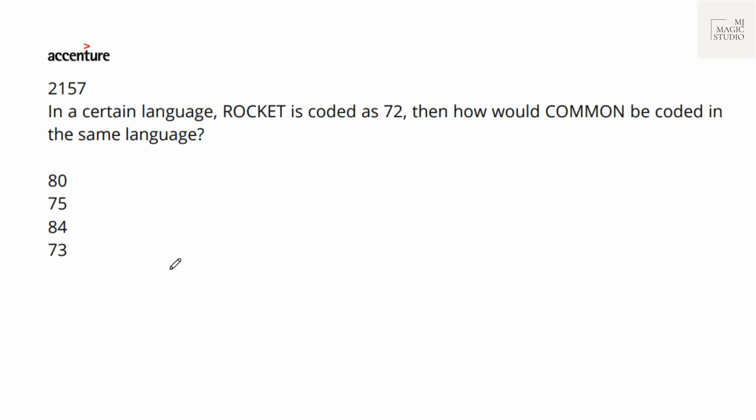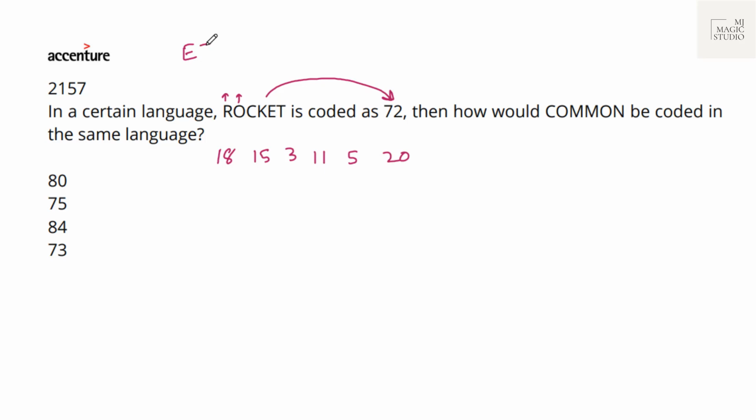Okay, another form of coding question where a word is coded with the help of a number. Many a time we have seen that if we find the numerical position of these alphabets, with some mathematical operation we would be able to find 72. Let's see. R is 18th, O is 15th, C is 3, K is 11th, E is 5, and T is 20.